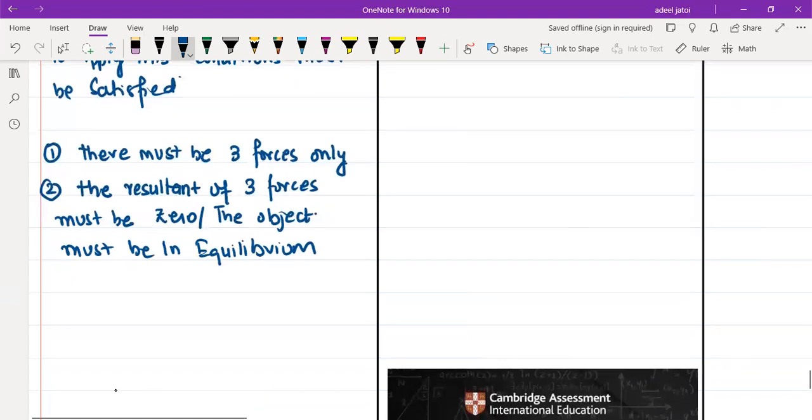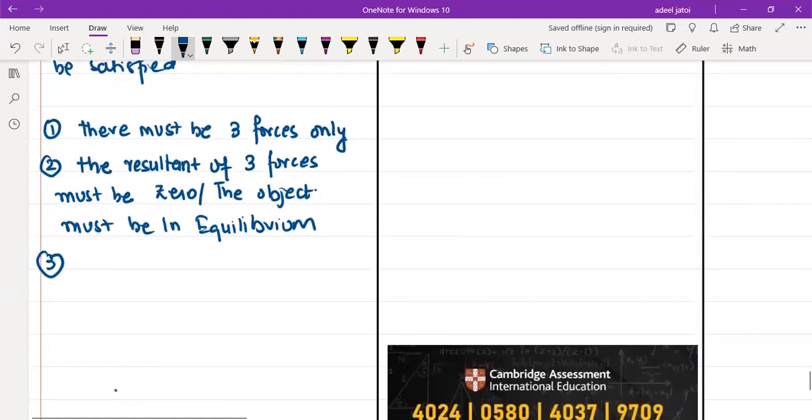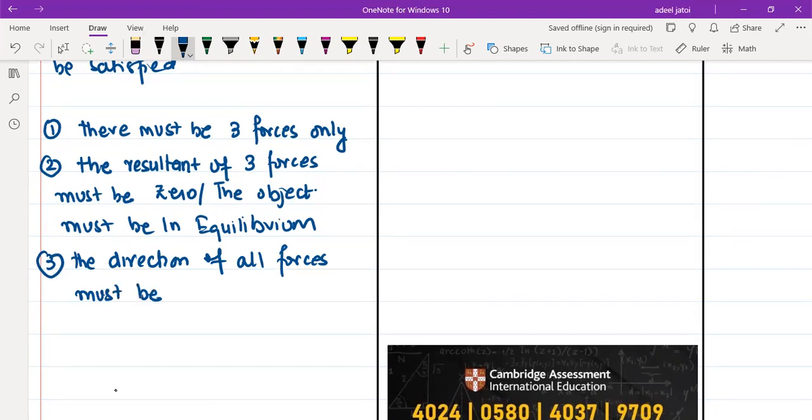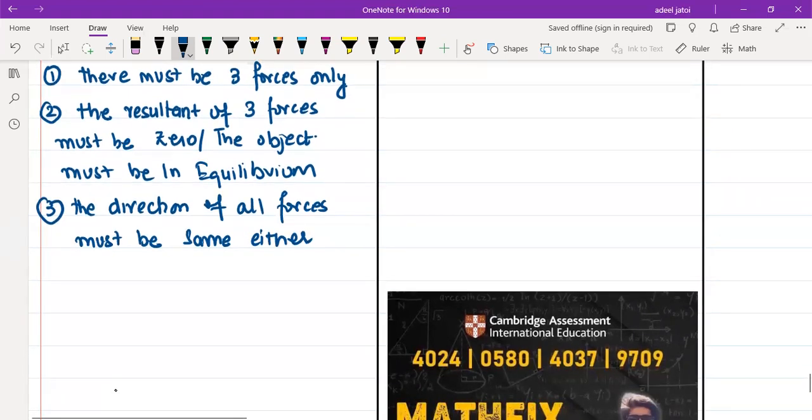The third condition is that the direction of all forces must be the same, either inwards or outwards.